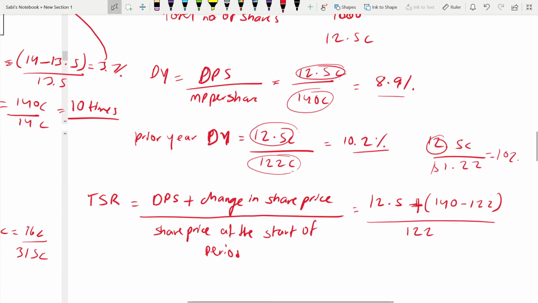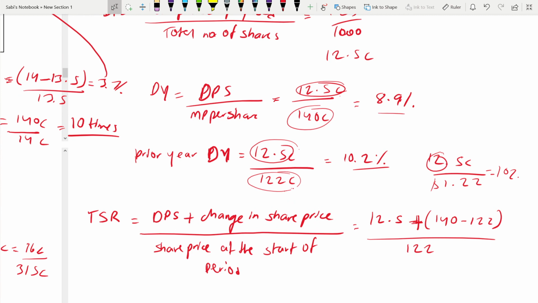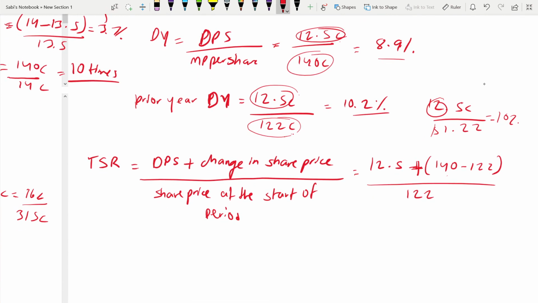Oh, wait a minute. No. You can take the difference. The latest has to be here, and then deduct the old. Latest minus oldest. Okay, I'm sorry. It could be negative, yes. Then the answer is 25%.